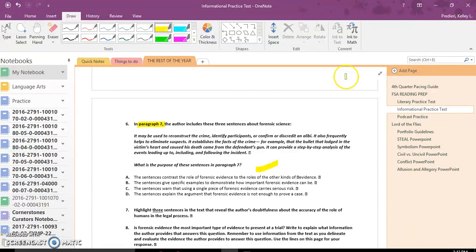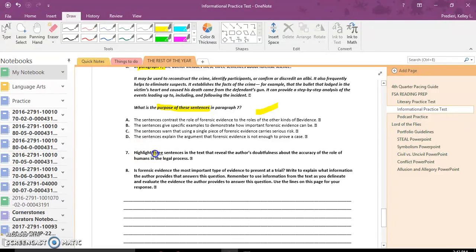It can provide a step-by-step analysis of the events leading up to, including, and following the incident. Sorry, I'm having mouse issues. What is the purpose of these sentences in paragraph 7? Okay, so we're looking for the purpose of these sentences. So what do they do?